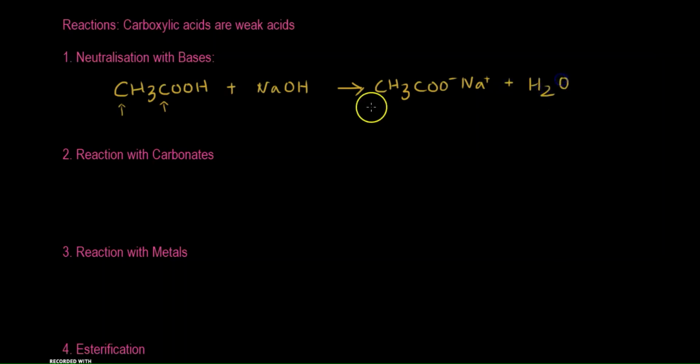So what you have in front is a salt, am I right? And this is obviously water. This is the neutralization, which means acid plus base, so you form salt and water.